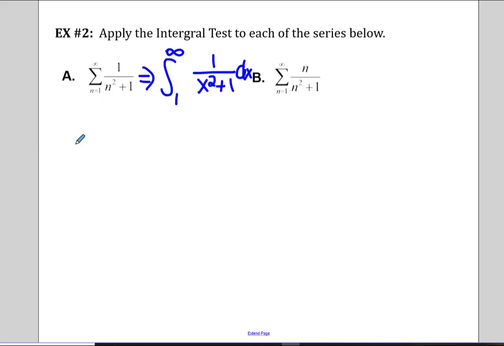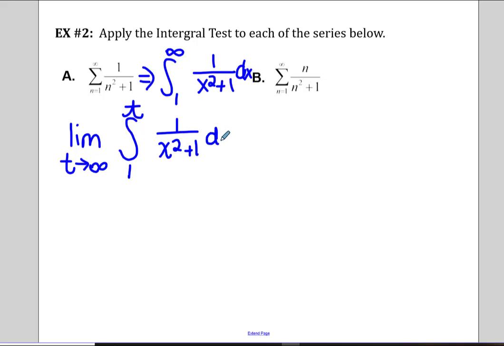And then because this is improper, we want to take the limit, and I need to have some dummy variable. In this case, I'm going to use t as my dummy variable for the limit as t approaches infinity, and we want to integrate from 1 to t for that expression 1 over x squared plus 1 in terms of x. So you can tell this antiderivative is one that we're familiar with, which was tan inverse or arctan.